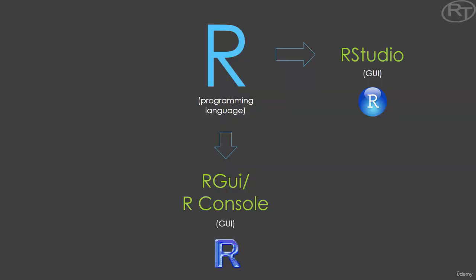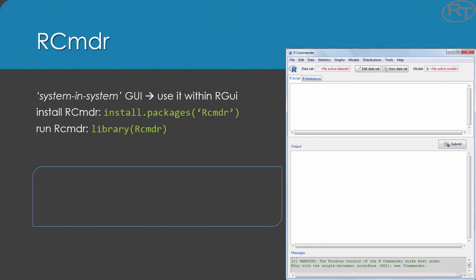It is not the only GUI. There are alternatives out there, like the R Commander. In some of my courses, I am also using this GUI. The difference between RStudio and R Commander is that R Commander focuses on a few topics like statistics and graphics. These are very well implemented, better than in RStudio.